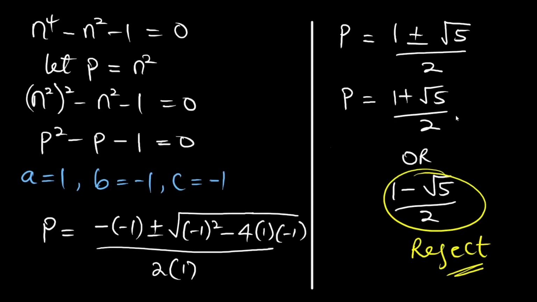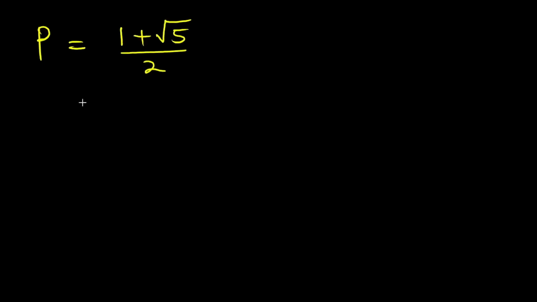Now, that means we are going to proceed with this particular solution. So I have that p is equal to 1 plus root 5 all over 2. Okay, now recall that p was equals to n square.